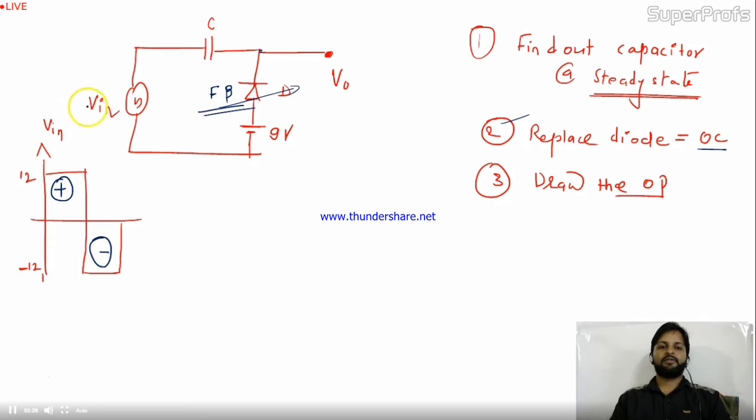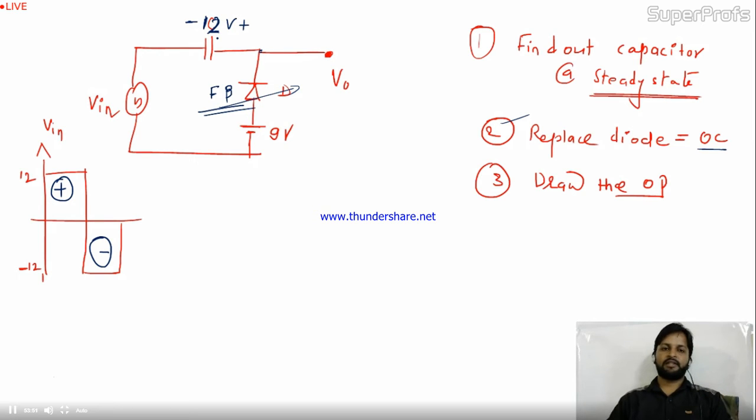The max value of this is -12. So steady state means at the final stage it will be charged with 12 volt, and the polarity is given like this. Why minus? Because the negative half is applied to the capacitor. Okay, this is the fully charged condition.